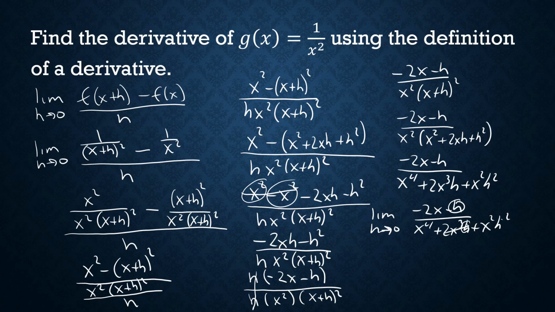Also here, just make it 0, so it goes away. So I'll have negative 2x over x to the fourth. So I have an x on top and bottom, so those can cancel out. So it leaves me with negative 2 over x to the third. So our derivative of 1 over x squared is negative 2 over x to the third.